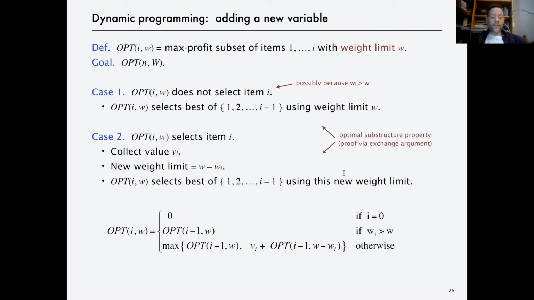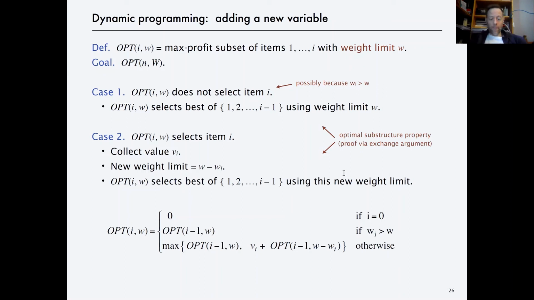So in this case, it's just optimum of I minus 1, comma W. Or we include the item I. So in this case, of course, we get the value B, but we also use the weight WI. So it now means that we need to select the best of the remaining items, but using the new weight limit.